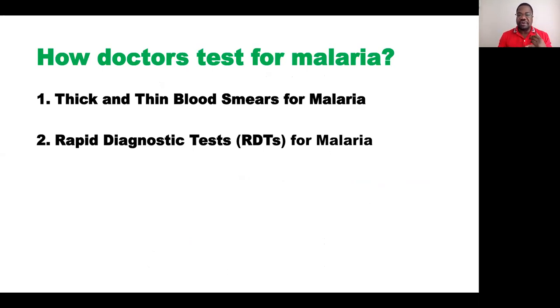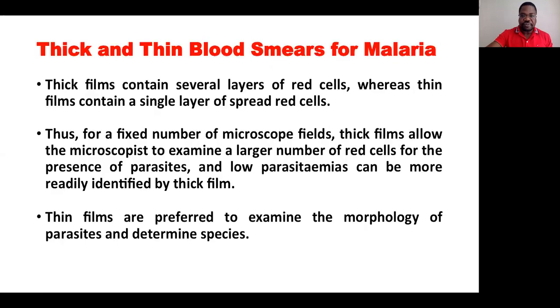There is what we call the thick and thin blood smear for malaria, which is a microscopy test. And then there is the Rapid Diagnostic Test for malaria. So we will discuss those two categories of tests.